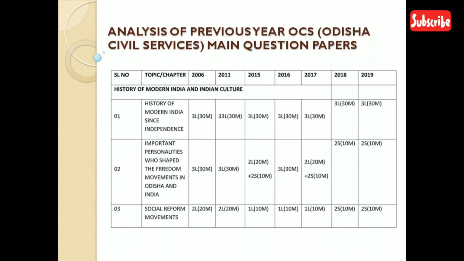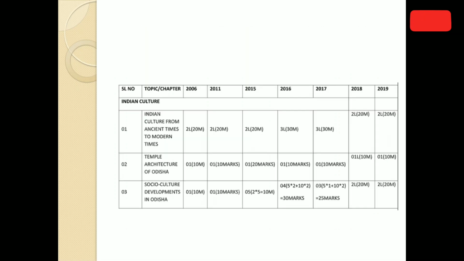So this time, what happened? They asked questions indirectly, or you can say the questions came from portions set like optional paper questions. This year's question: critically examine the nature of the revolt of 1857. How did it affect British policy in India after 1858?